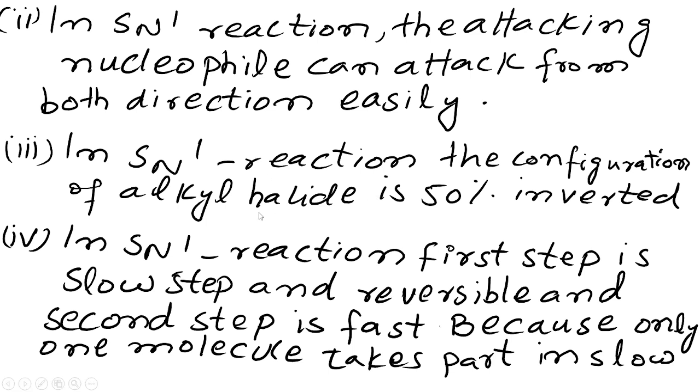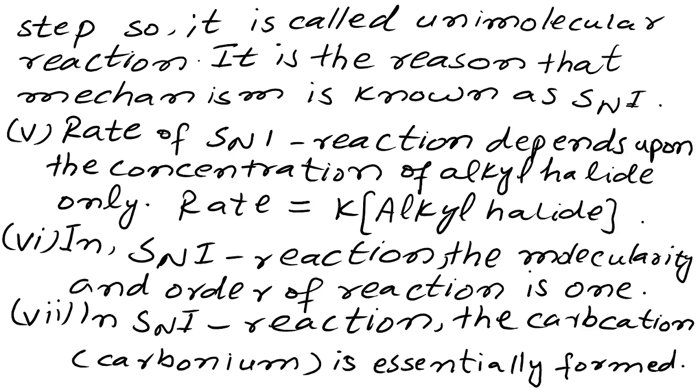Point number 4, in an SN1 reaction, the first step is the slow step and reversible, and the second step is fast. Because only one molecule takes part in the slow step, it is called a unimolecular reaction, and it is the reason that the mechanism is known as SN1. Point number 5, the rate of an SN1 reaction depends upon the concentration of alkyl halide only, right?